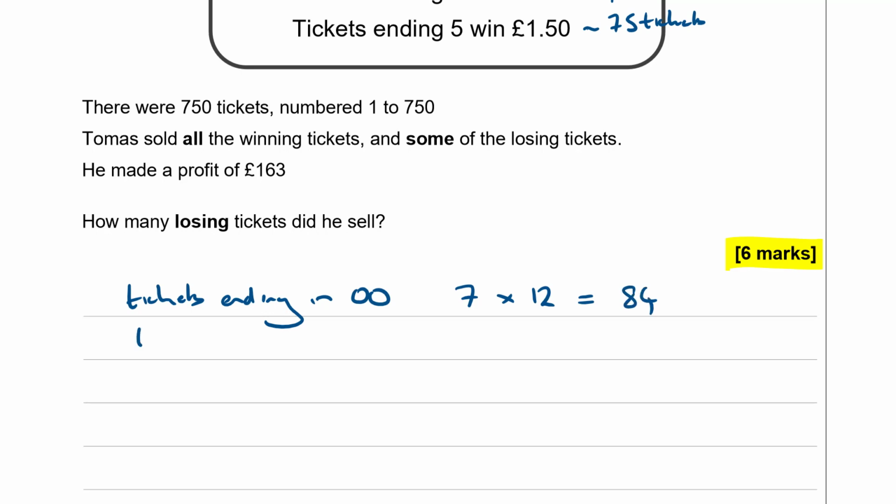Now tickets ending in 5, there are 75 of those, and every winner paid out £1.50. So 75 times £1.50 is £112.50. So what's the total prize money?